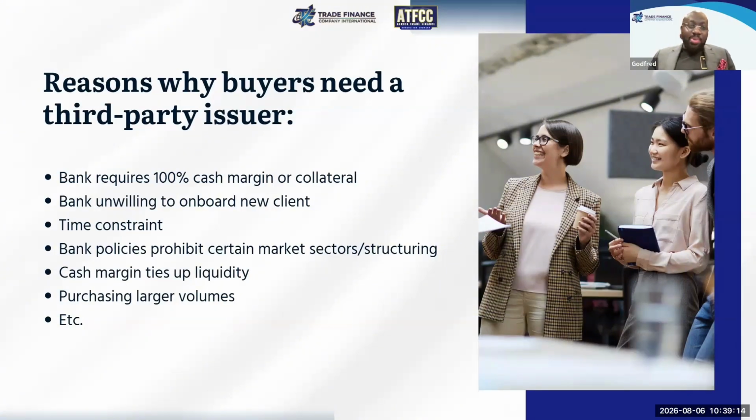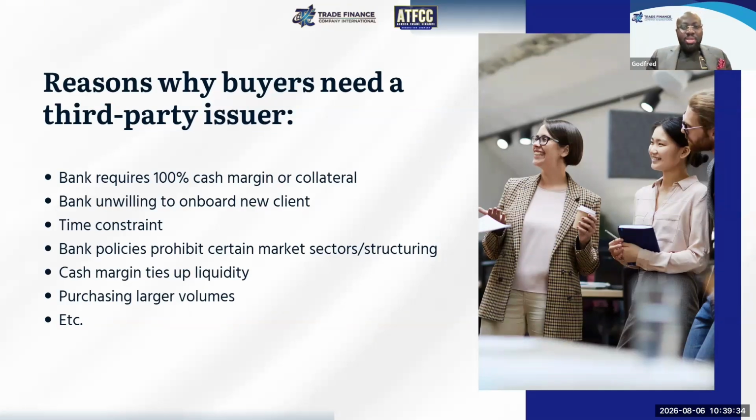But coming to a third party, most third-party issuers have the credit lines approved already. It is just a matter of the applicant coming to them, and when the applicant meets all the conditions and requirements, the issuance process is very fast.